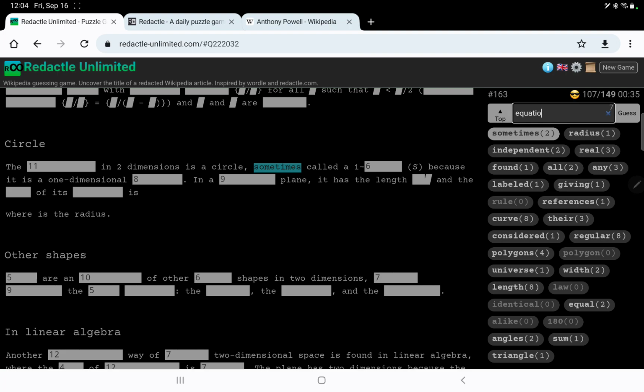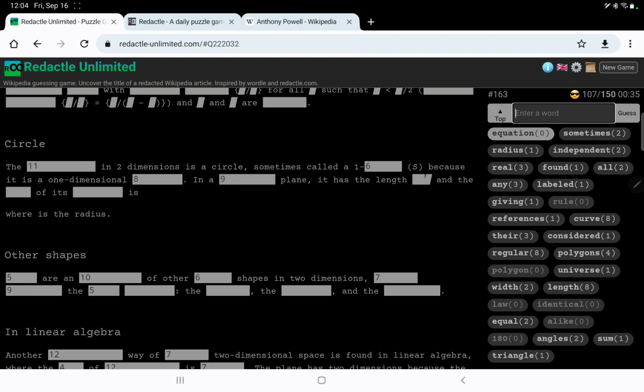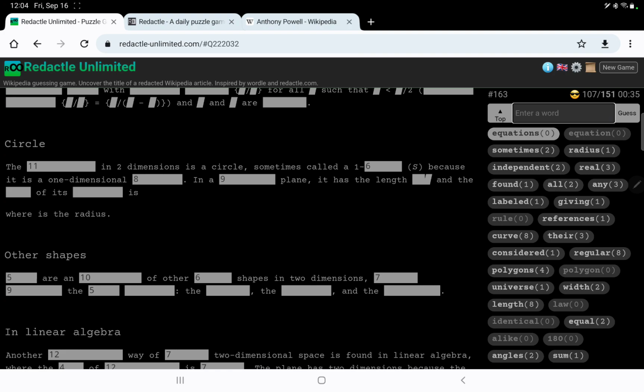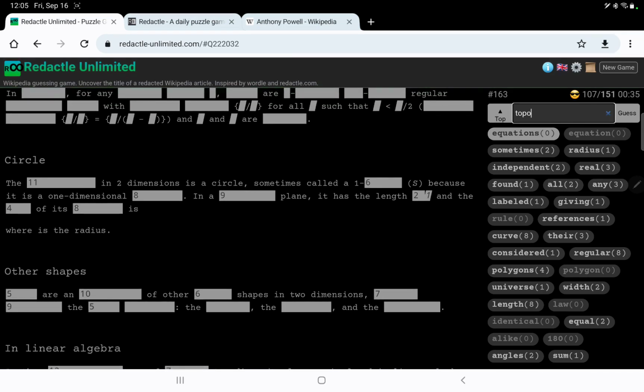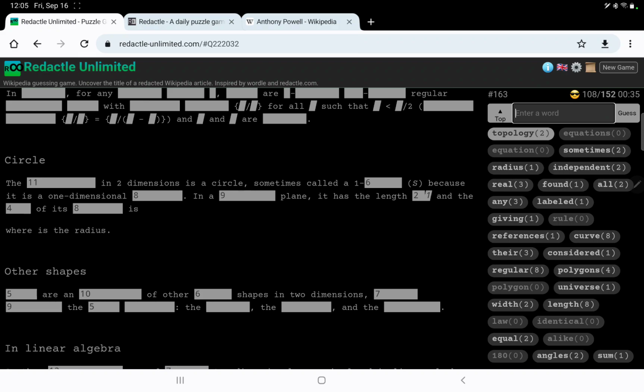Well, maybe equation. How about equations? No. It has the length 2, 1, and the something of its 8 is... I wonder if topology is one of the areas.